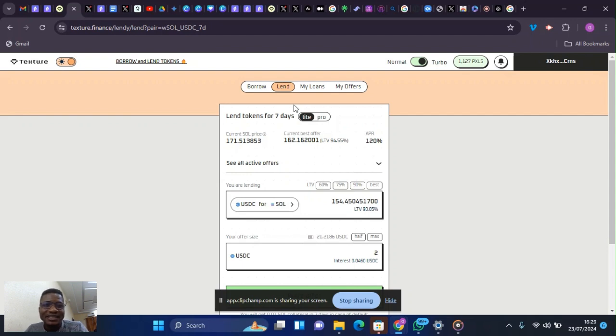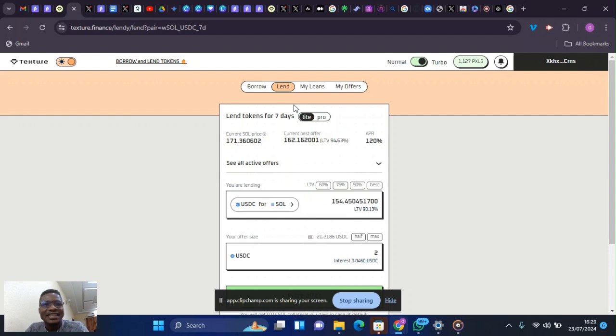Then there is literally no liquidation. The only thing, like I said earlier, is that the lender can claim collateral if you don't pay back the loan within 7 days. These are the advantages that should make you jump on Texture and start lending and borrowing.